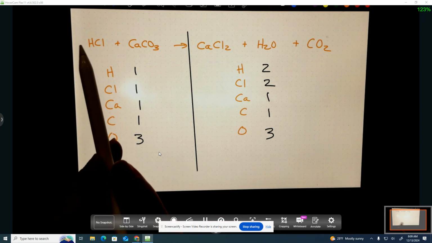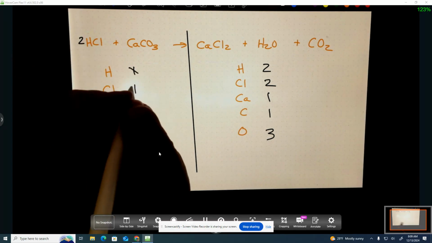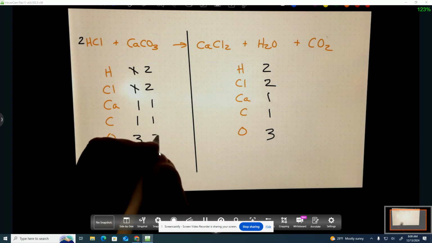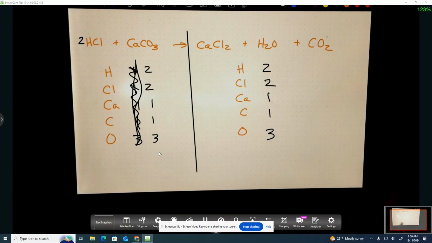What number should I put here to balance that? 2. Okay? This becomes a 2, this becomes a 2. This stays the same, this stays the same, this stays the same because these numbers are gone. Now does it obey the law of conservation? Yes, sirree, Bob.